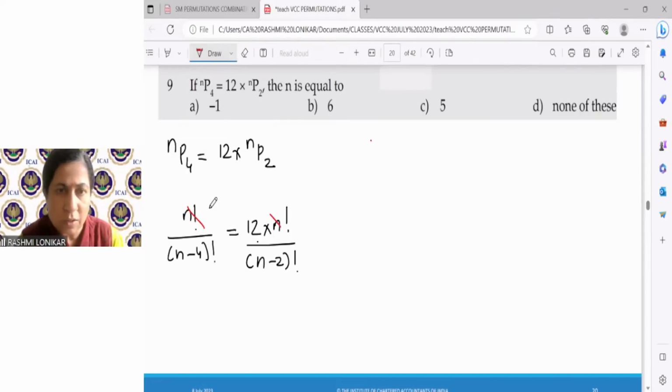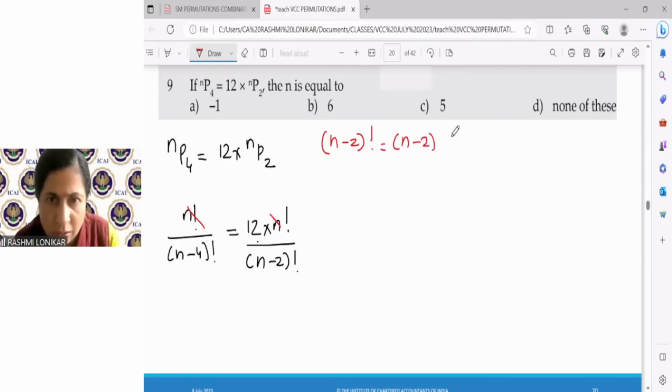So this (n minus 2) factorial can be written as (n minus 2) into (n minus 3) into (n minus 4) factorial. Okay, it just goes n minus 2, n minus 3, n minus 4, because it is minus, so the number is decreasing. And here, up till where should I write it? Till n minus 4 is reached.